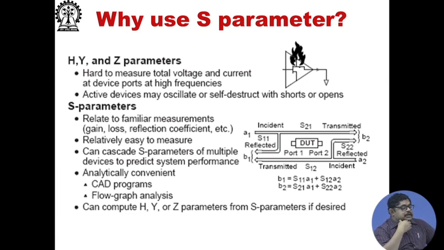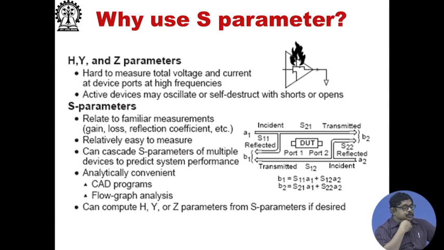And active devices may oscillate or self destruct with shorts or opens, because in the case of the other H, Y, Z parameters, that means total voltage or current measurement, we either open or short a port, and for active devices at high frequency it may oscillate. So, that shorting or opening may become dangerous for the devices. Actually, that was one of the reasons why the transistor was defined not with Y or Z parameters, but with hybrid parameters.